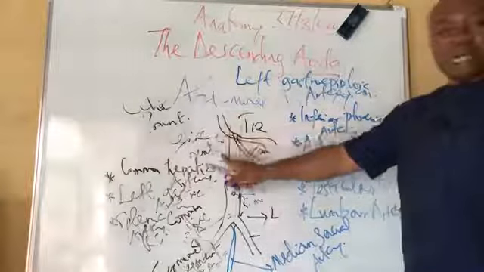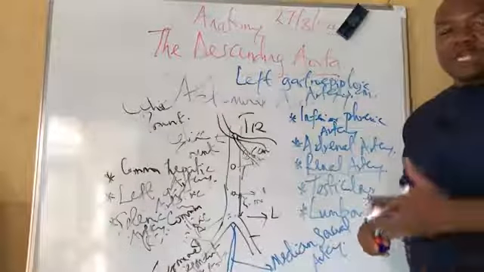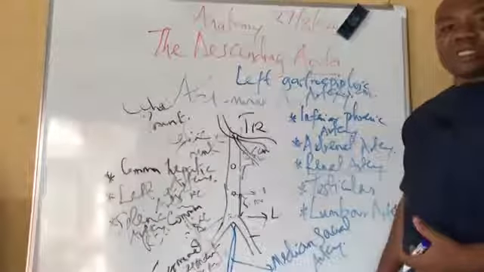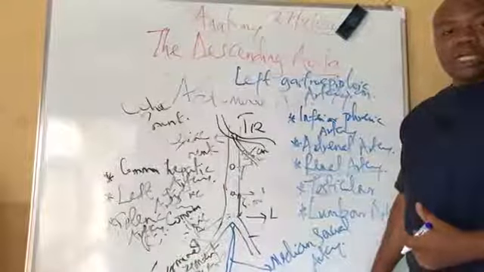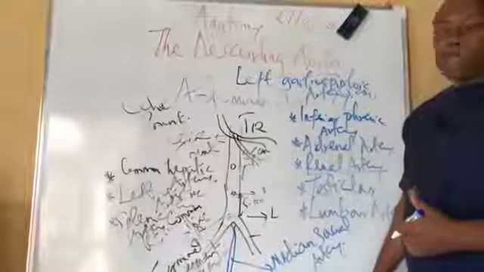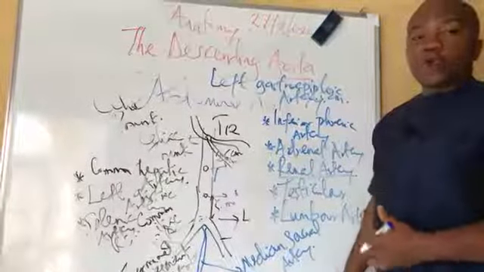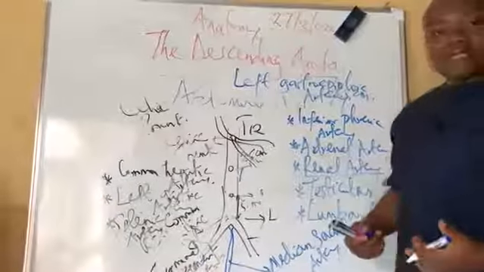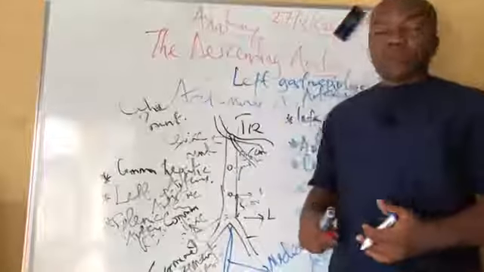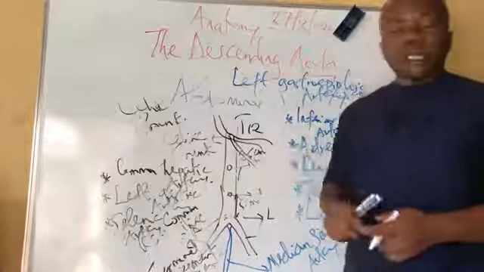It will have another branch which is called the gastroduodenal artery. The gastroduodenal artery will further give rise to what is called the right gastric artery, and it gives you what is called the superior pancreatico-duodenal artery.